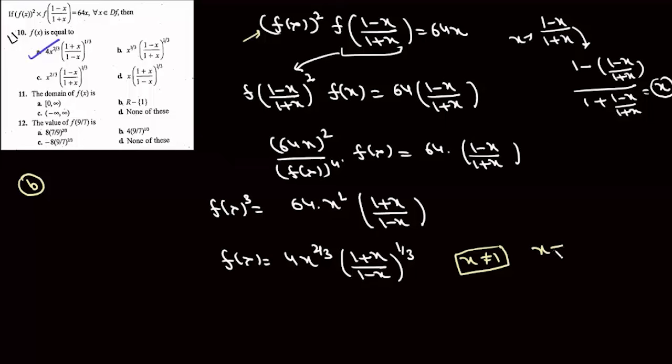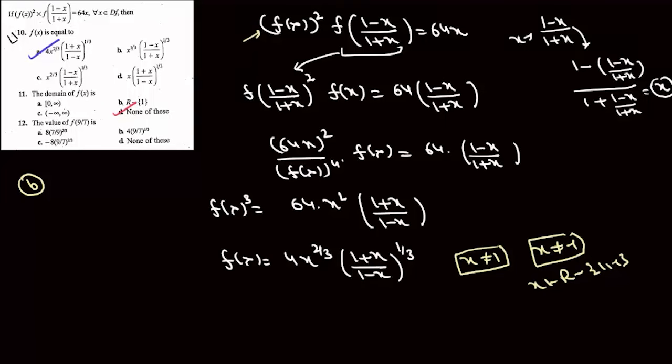So clearly x should also not be equal to minus 1. So the domain of this function should be x belongs to R minus {1, minus 1}, and that should be your option D.